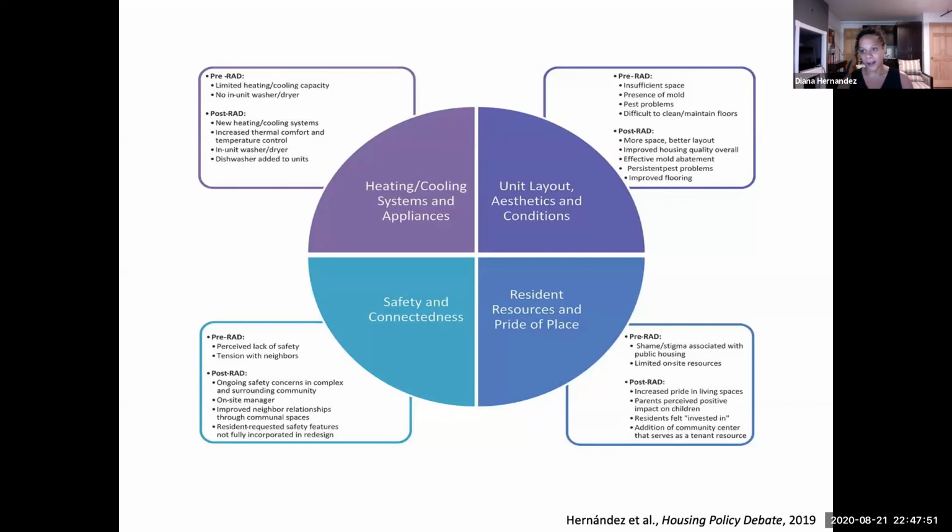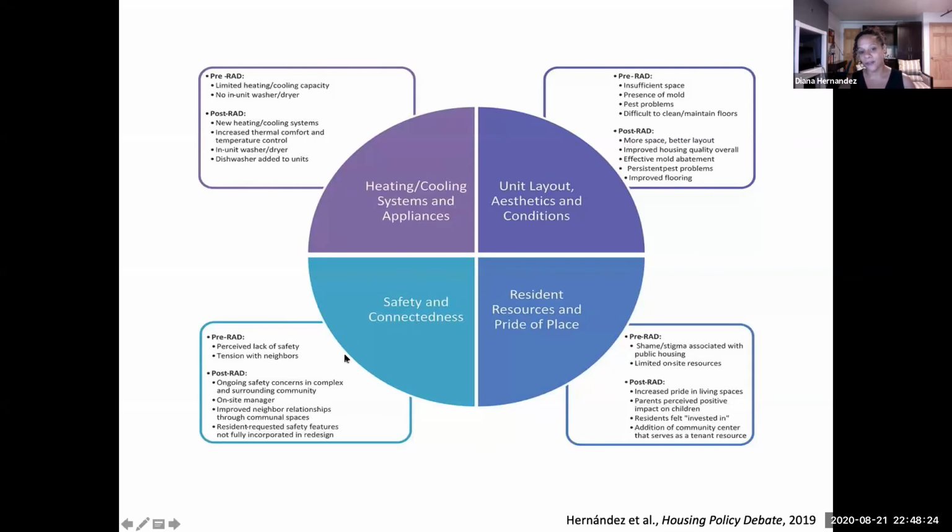Now, what we found in evaluating the impact of RAD in Fresno is that it fell within these themes: heating and cooling system and appliance upgrades, unit layout and aesthetics, safety and connectedness, and then resident resources and pride of place. And these are all really important because if you can just look, and I'm not going to read through them, but if you can just see where the pre-RAD and the post-RAD realities are, there were significant improvements in what people had access to and how they experienced their housing.